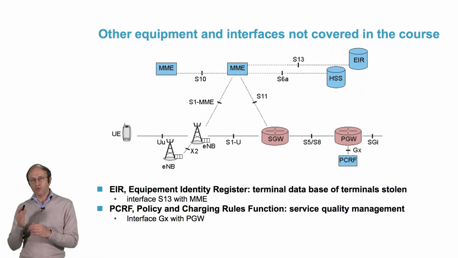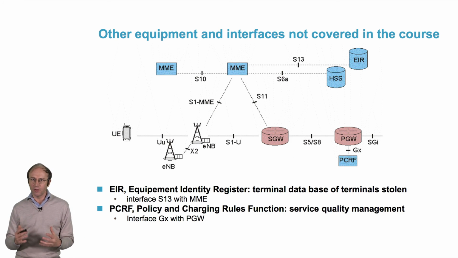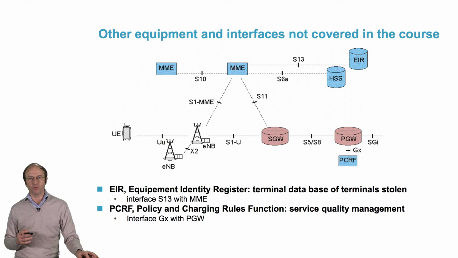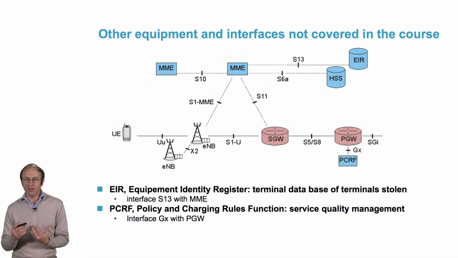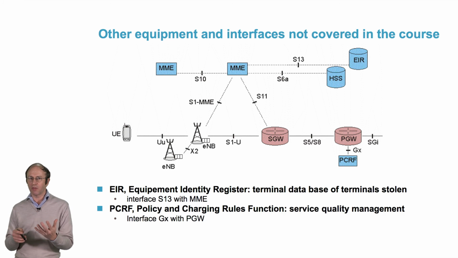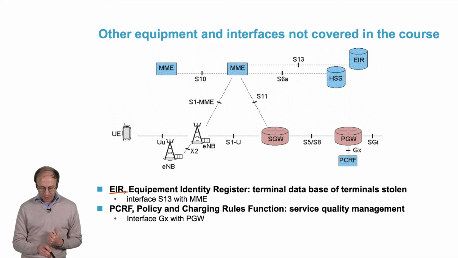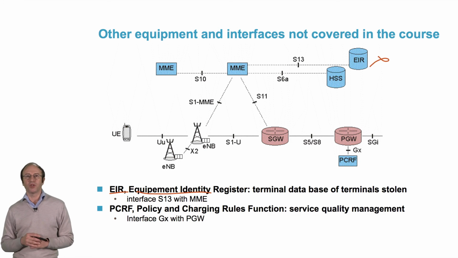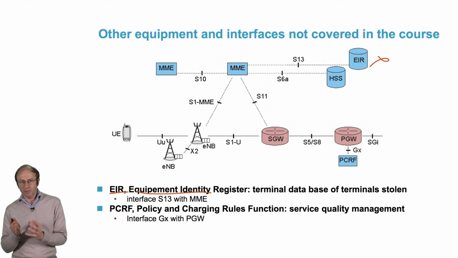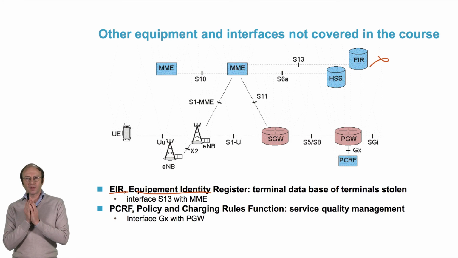Here is a representation of all nodes of a 4G network. There is additional equipment that we won't be looking at other than in this video. The EIR, Equipment Identity Register, is the terminal database for terminals which have been stolen.